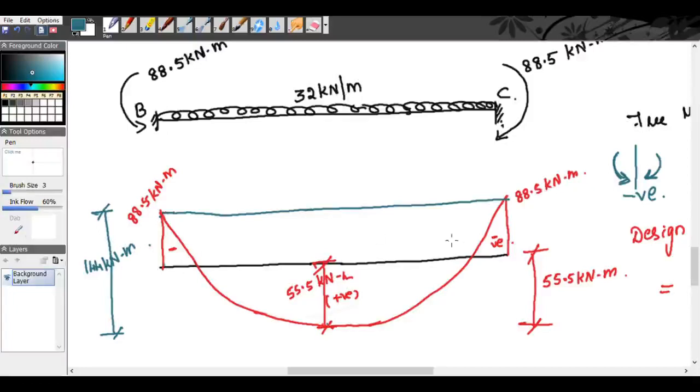So at the supports we have negative bending moments, and at the midspan we have the positive bending moment. So that's all.